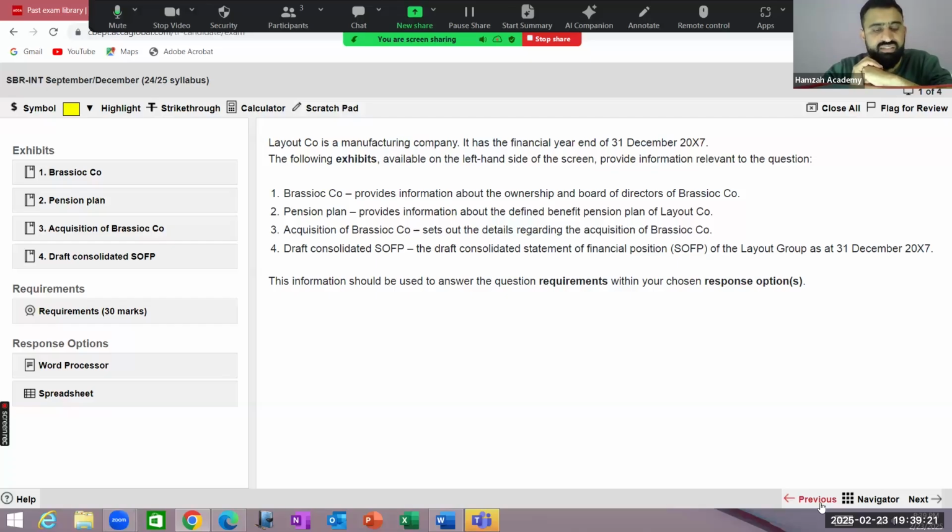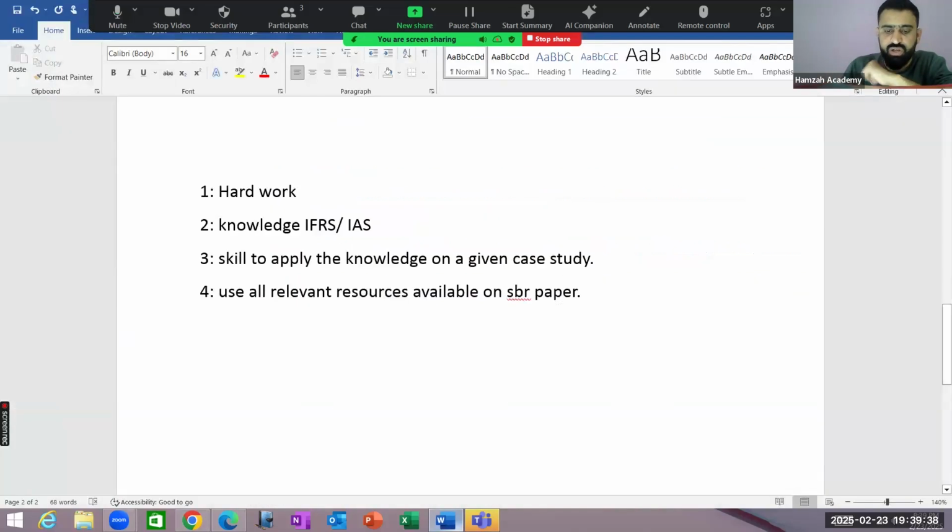You can access that question. This session is basically the second session of SBR. Now we will go through questions 2, 3, and 4, and learn through those questions whether this formula, knowledge and skill are relevant or not.